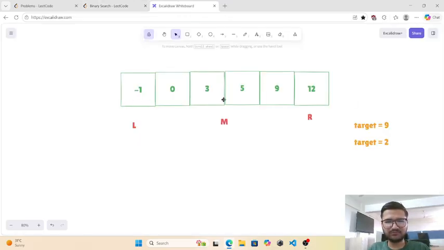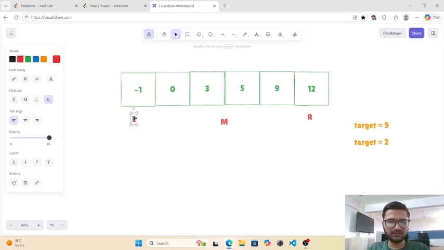What is binary search? We need a sorted array, and we start with one integer left, one integer right, and one middle.